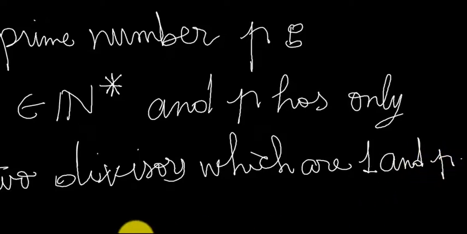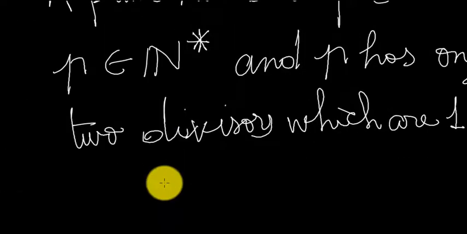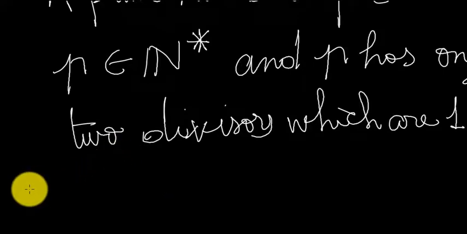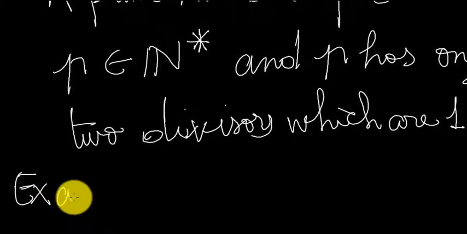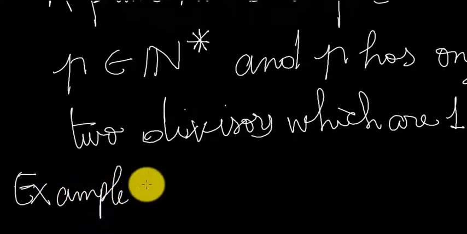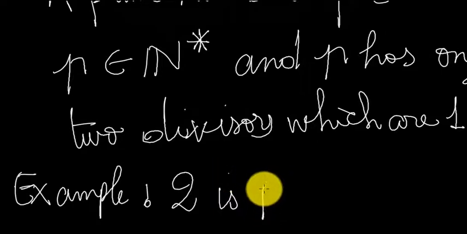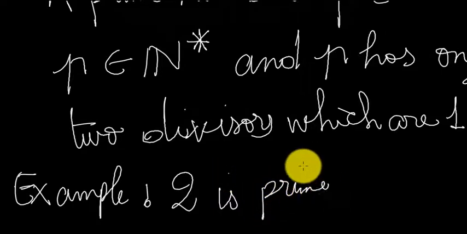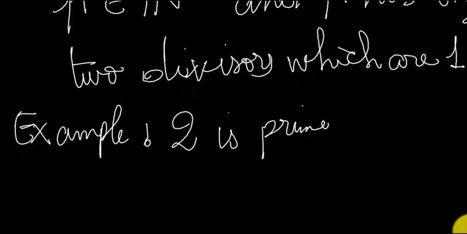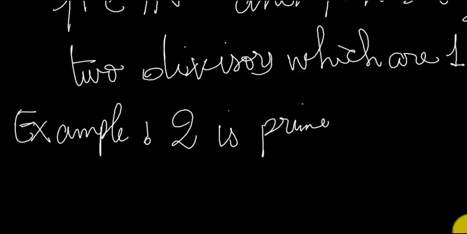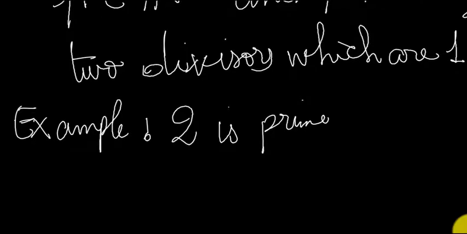For example of a prime number, well, 2 is prime, because 2 has only two divisors, which are 1 and 2.